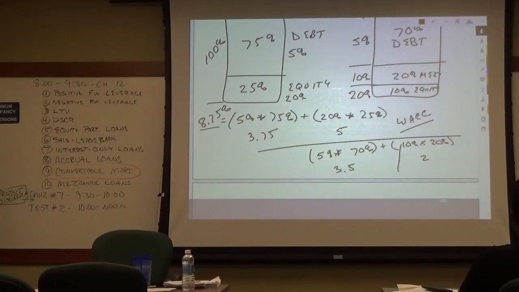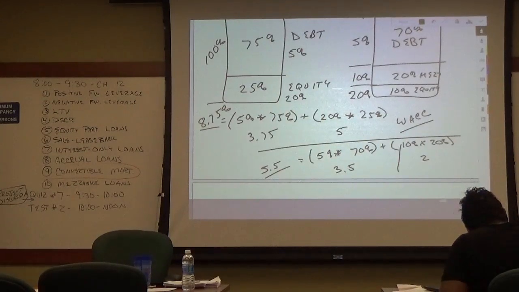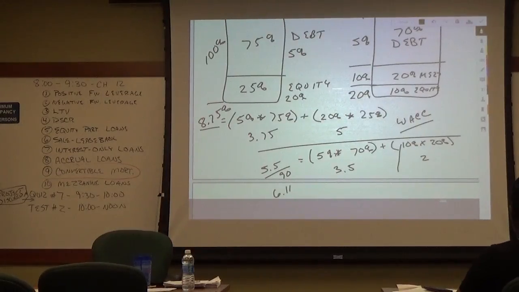Your actual cost of debt is going to be, you're going to need to take the 5.5 that we get over here, and then divide that by 90%. Yeah. 5.5 divided by 90, so it'll give us 6.11% as our actual cost of debt in proportional terms.